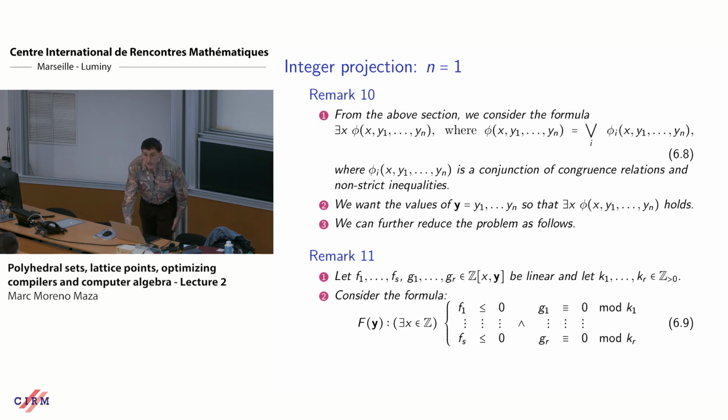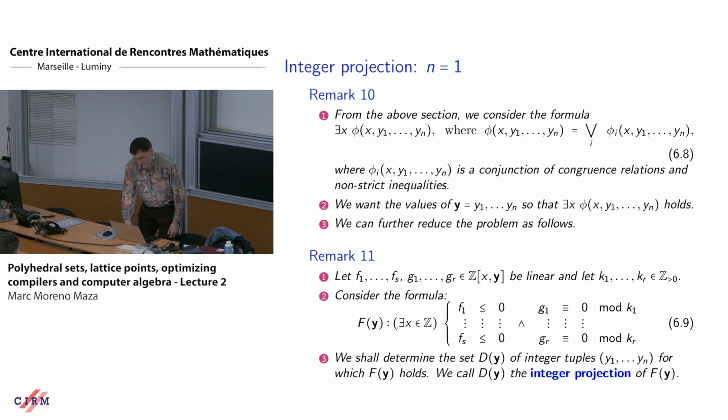Okay, so now what we have to deal with is a system of linear inequalities over the integers. Yesterday was over the rationals, now the difficulty is over the integers.